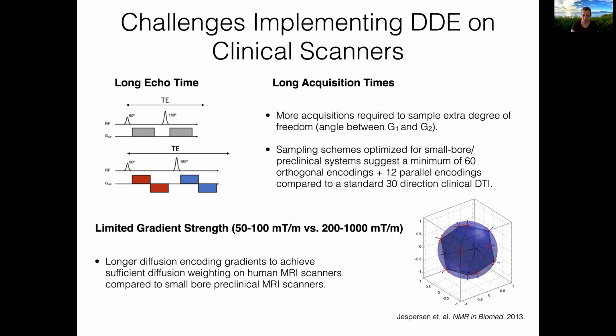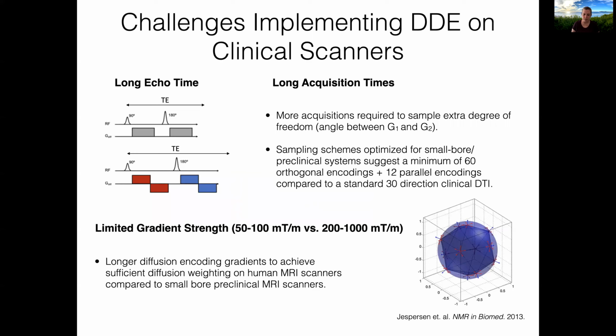So there's a number of challenges associated with implementing double diffusion encoding on clinical scanners. The additional encoding pair creates a longer encoding period in the sequence. The need to sample many different orientations as well as multiple angles between the diffusion encoding pairs creates a long total acquisition time.